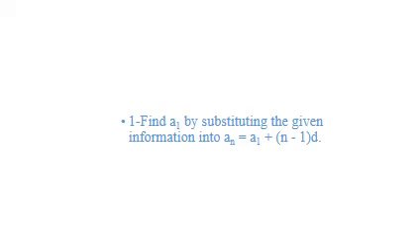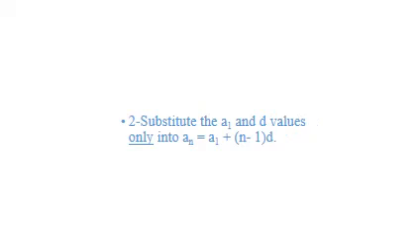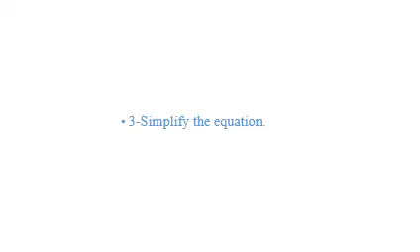The first thing that we have to do is to find A1, which is the first term, by substituting the given information into An equals A1 plus n minus 1 D. Then we have to substitute A1 and D values into An equals A1 plus n minus 1 D. Then we have to simplify the equation.